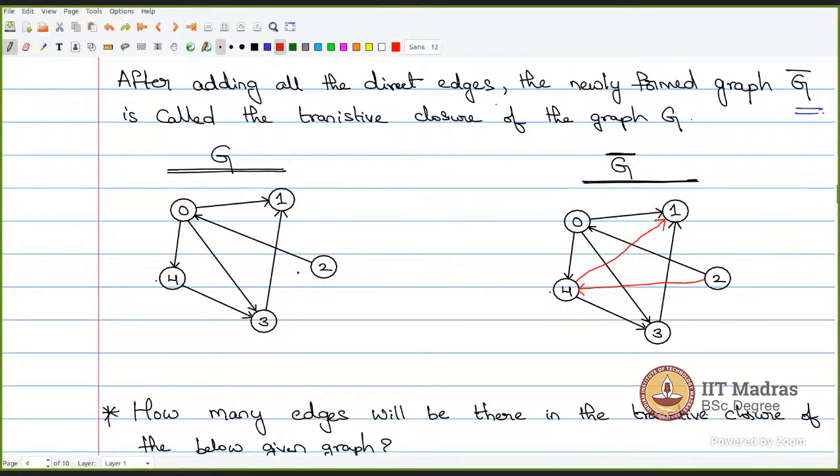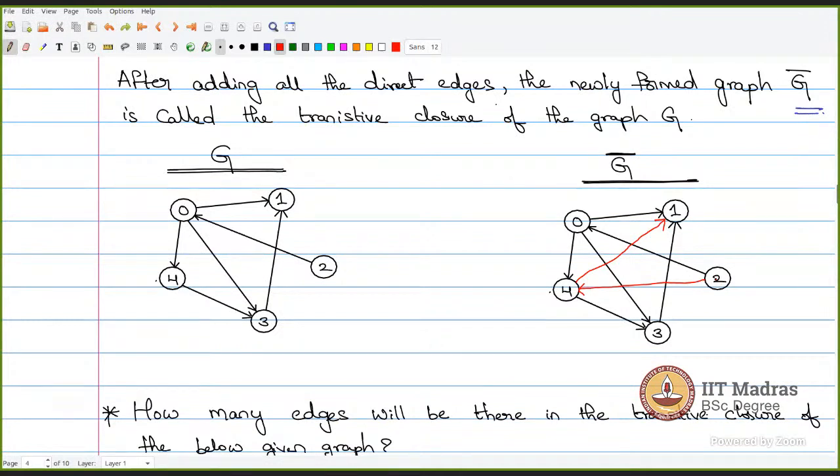No, right? Okay. So here we are creating an edge to move directly. Yeah, to reach directly. So that's it. So this gives us reachability. If there is an ability to reach from one vertex to another vertex, then we add a direct edge from that vertex to that particular vertex.